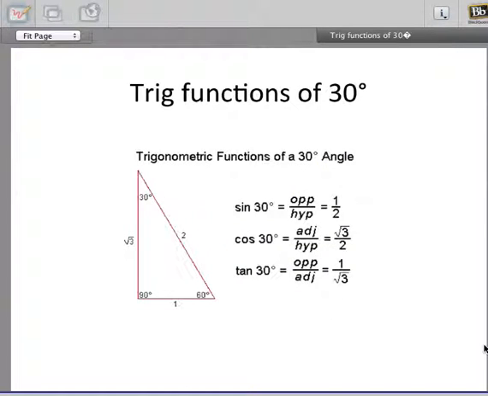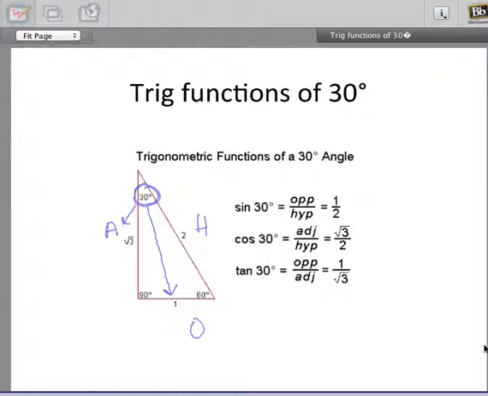Let's look at another one. Trig functions of 30-degree angles. So this is our 30, 60, 90 again. From the 30 degrees, the 1 is opposite because he's directly across. The 2 is hypotenuse because he's across from the 90. And the radical 3, he's adjacent because he is right next to that 30-degree angle.